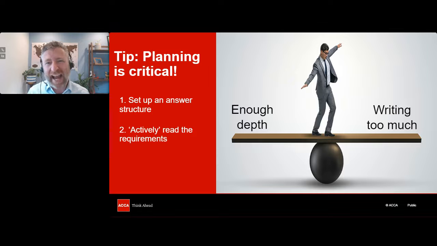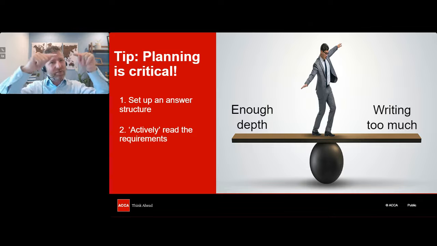And what I mean by actively read is, as I read a piece of information, think about how that information is useful, and then I put it into my answer plan. Okay, so as I'm reading through the scenario exhibits, I'm also putting points into my plan. So my planning and reading time are kind of one and the same thing.